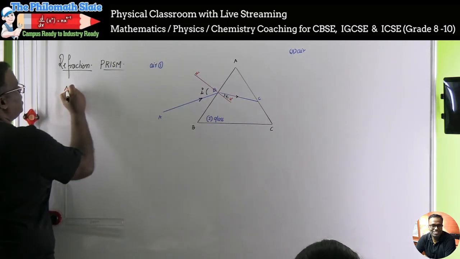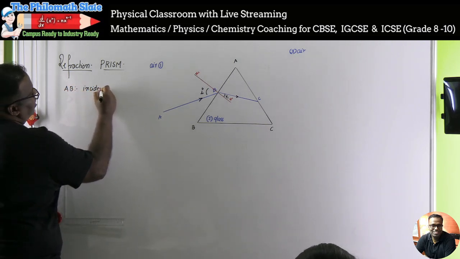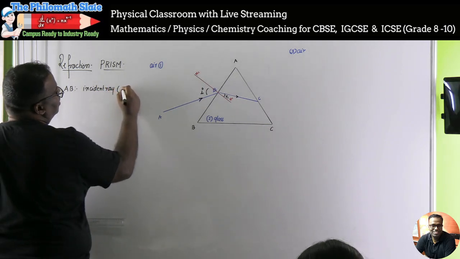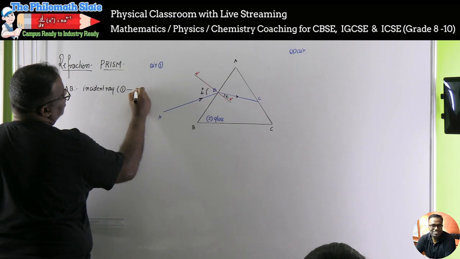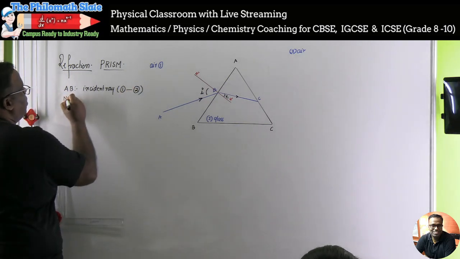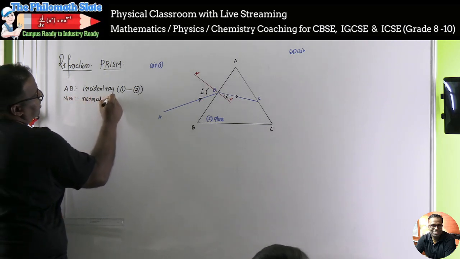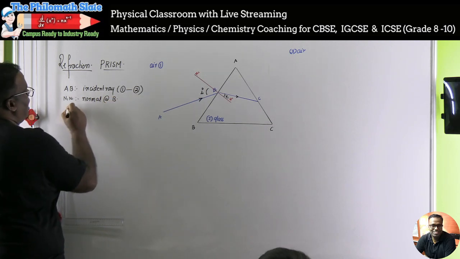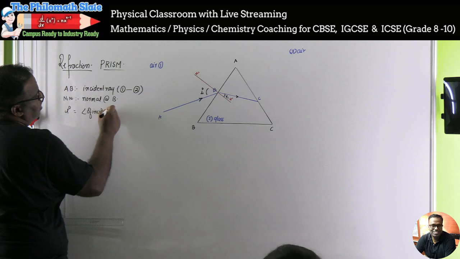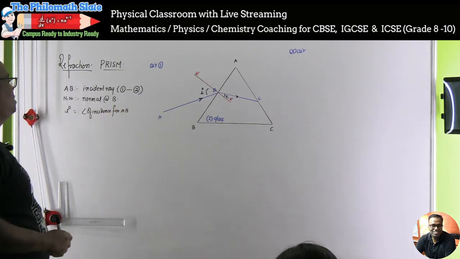So AB will be known as my incident ray for medium 1 to medium 2. N1 is the normal at B. I is the angle of incidence for the AB side, right?